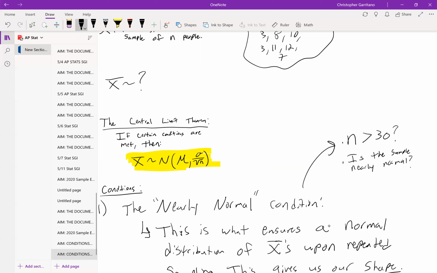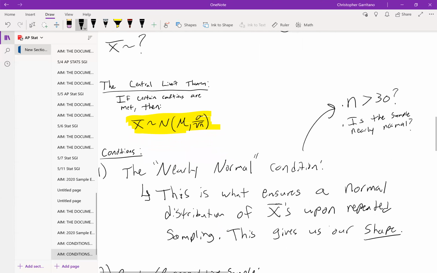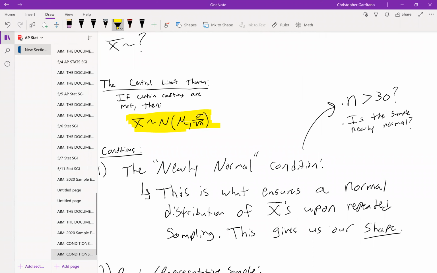Okay. Now, if the nearly normal condition is successfully checked off, what does this do for us? Well, this is what ensures the shape of our Xbar distribution.